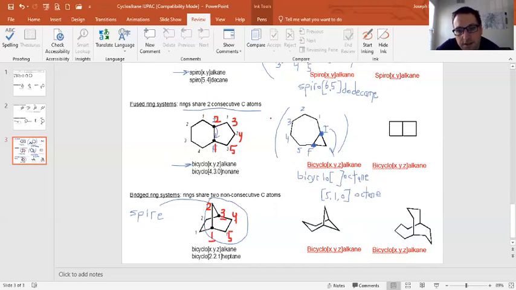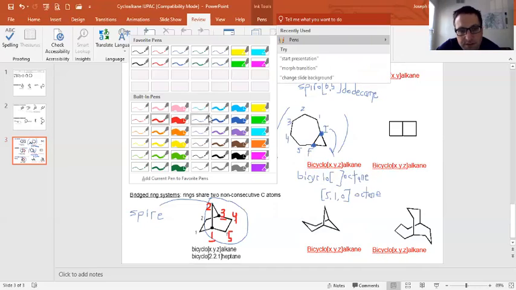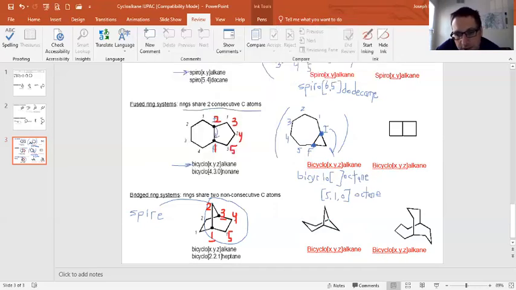So we want to apply rules similar to fused ring systems for bridged ring systems. Okay, so we'll have a carbon atom in common. Try to write out the name here.